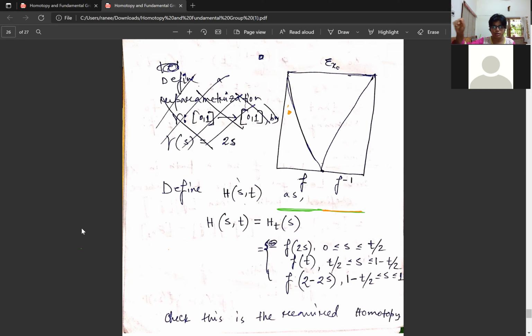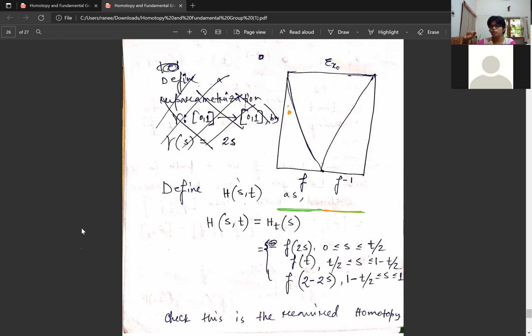At that t-th position, I am traversing the first half through f, and then from t by 2 to 1 minus t by 2, I'm sitting at that point f t, and then again I'm moving backwards. F of 2 minus 2s means f inverse of 2s minus 1, as we have seen in the definition.